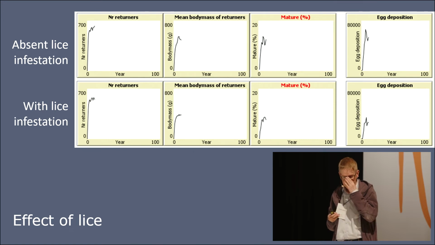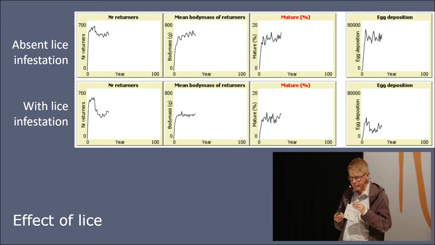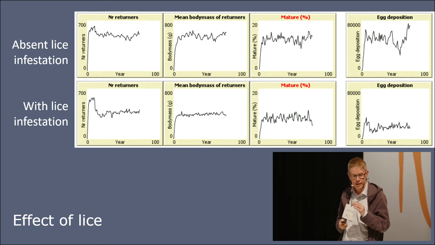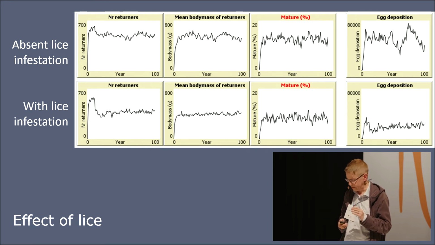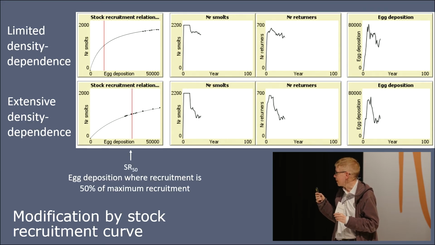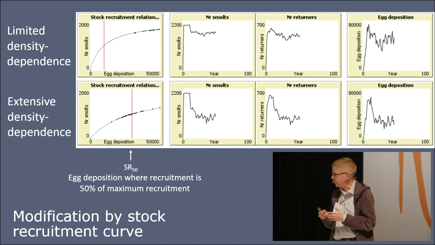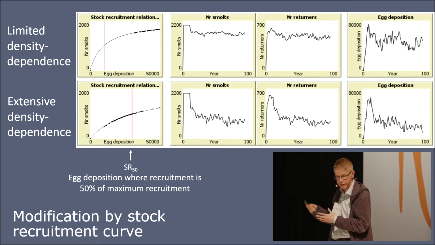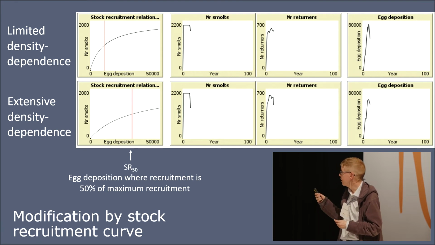But it's important to note that it's a complicated situation. We're not just dealing with sea lice effects. So if I go on to this, I'm showing something different here. What we have is two simulated populations over a 100-year period.